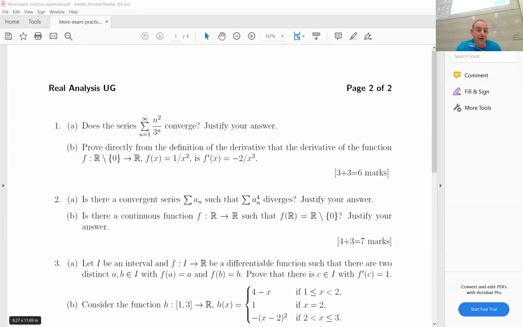So I'm just going to go to my random number generator. Oh, it would have been quicker to get R up.